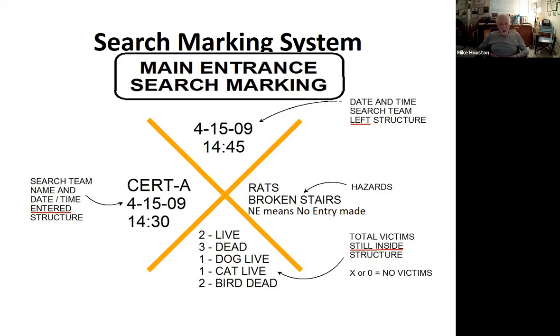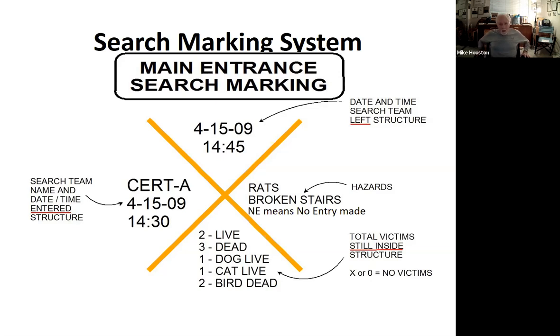If they didn't make any entry, then they can't enter anything in the very bottom part of that X unless they can somehow verify through voice call out that there's one person inside. If there's one person that yells out and they say, yeah, I'm okay, I'm hurt, I can't get out, and you haven't entered for whatever reason, maybe it's because it's heavily damaged structure, well then go ahead and you put in one live.